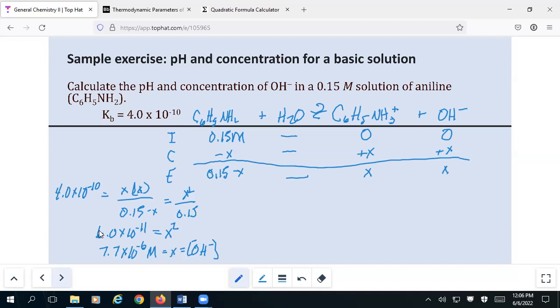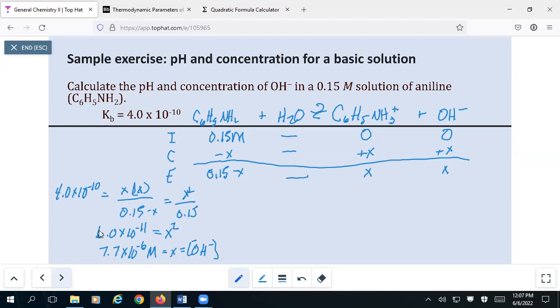So yes, you can subtract 0.15 minus 7.7 times 10 to the negative 6th. You're going to get 0.1499999, which is basically the same thing.